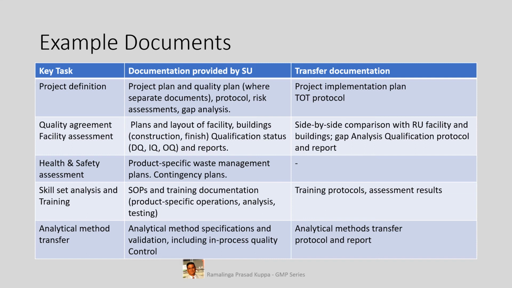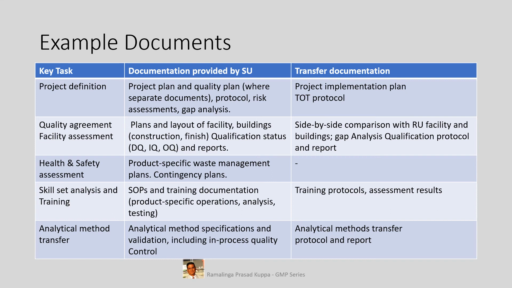The project implementation plan, the TOT, that is technology of transfer protocol, should be the transfer document. The quality agreements on plans and layout of facility, buildings, qualification status like DQ, IQ, and OQ, and the reports should be provided by the sending unit.